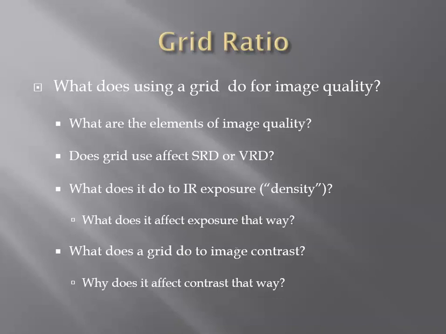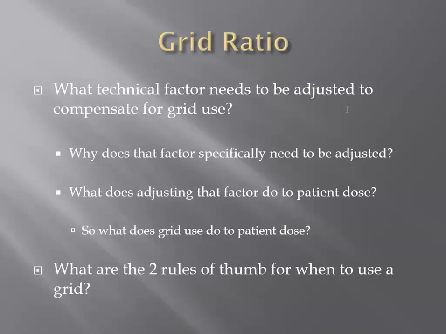So it improves image contrast by absorbing the scatter radiation that destroys image contrast. So technical factor would be mass, and we just talked about why we need to adjust that technical factor specifically. Dose goes up dramatically.